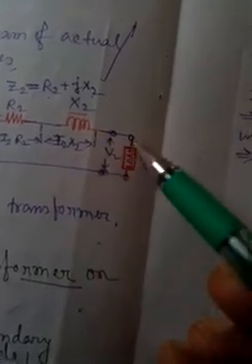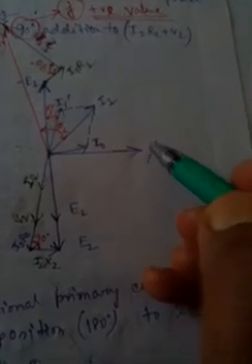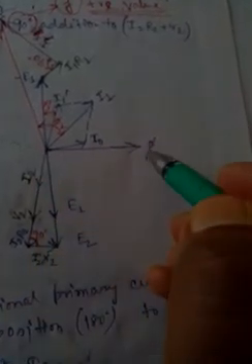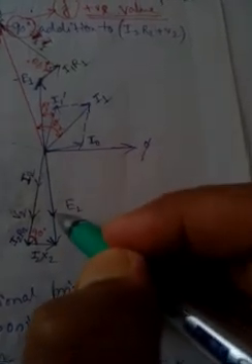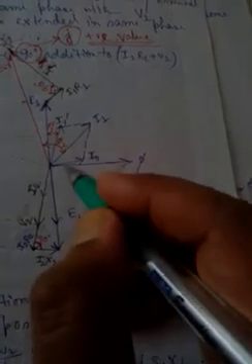Now as the basic phasor diagram of a transformer, you take phi, the flux which is passing through the core, as reference, and we know that the induced EMFs E1 and E2 lag behind phi by an angle of 90 degrees. So first you draw phi, and then you draw E1 lagging 90 degrees. Clear?